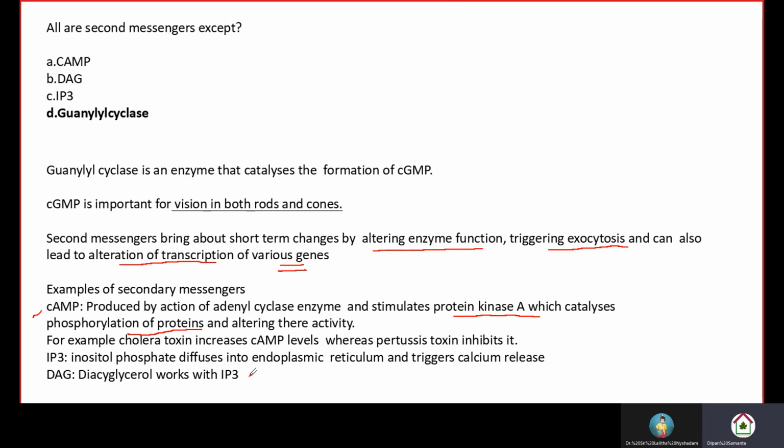For example, cholera toxin increases cAMP levels, and pertussis toxin inhibits it. IP3, inositol triphosphate, diffuses to the endoplasmic reticulum and triggers calcium release. And DAG, diacylglycerol, works with IP3. So these are three second messengers. But guanylyl cyclase is an enzyme that catalyzes the formation of cGMP, which is important for vision.